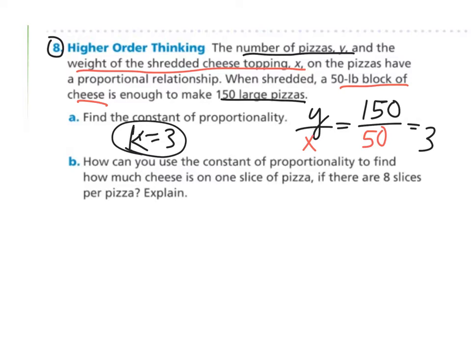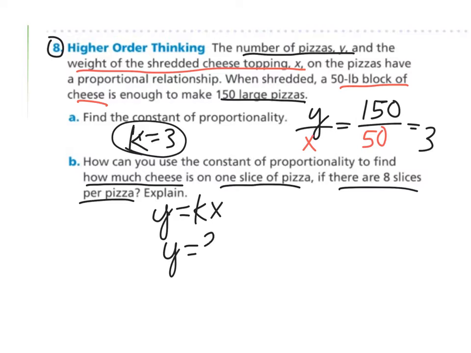And then the question is, how can you use that to find how much cheese is on one slice of pizza if there are 8 slices per pizza? So what we could do is take that constant of proportionality and make an equation: y equals 3x. There's a couple ways we could do this problem.